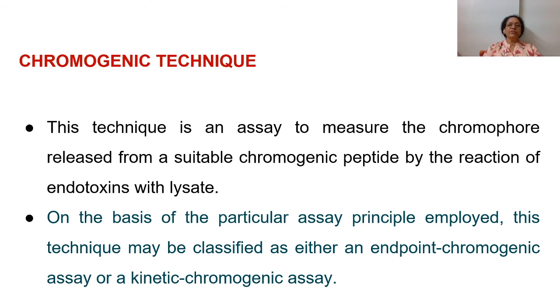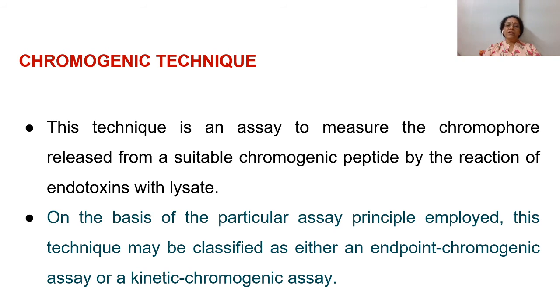Now, similarly, chromogenic techniques can be used. The only difference, if you compare with the turbidometric assay, is that in that case we are measuring turbidity, while here the change in color, or the intensity of the color, is measured based on the release of chromophores.